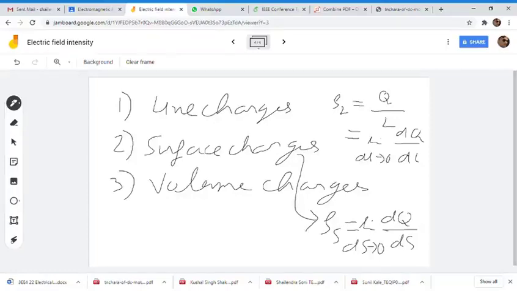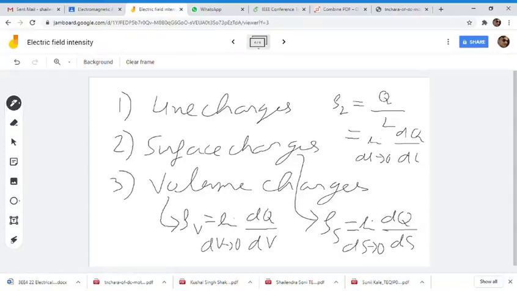And the volume charge density you can similarly write as rho v with dq divided by dv, limit dv tends to 0. So these are three charge densities which we will analyze. First of all we will see the line charge density.